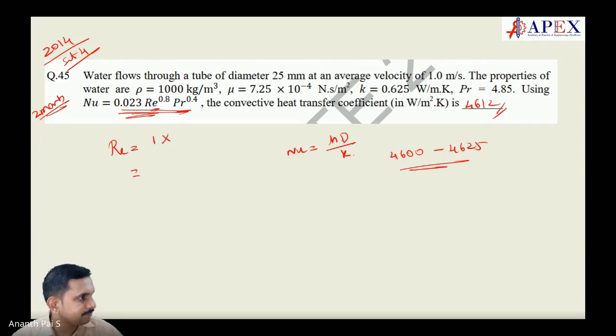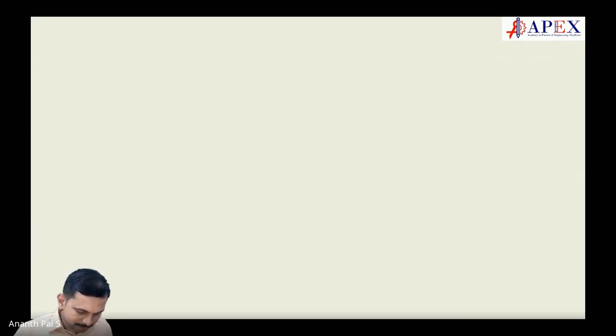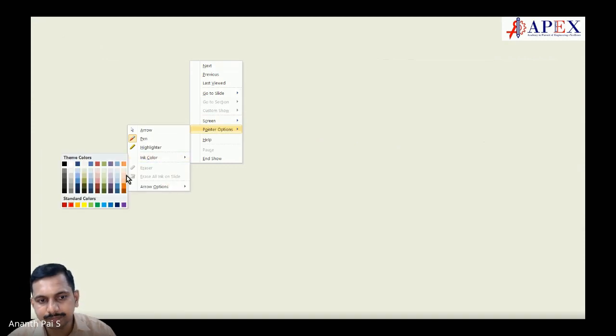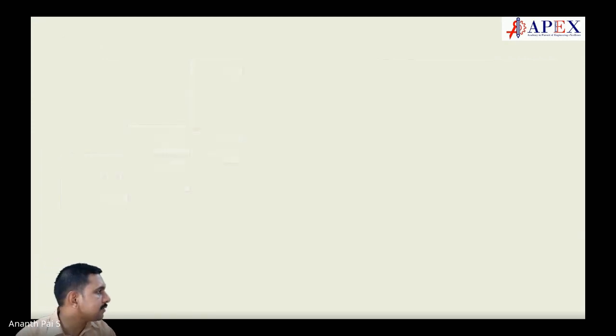Got everyone? Now let us go with the internal forced convection. Okay, this is the next one. Let us look at it. We start half an hour only, till 45. Okay, it's okay.